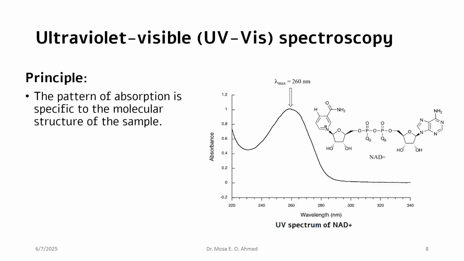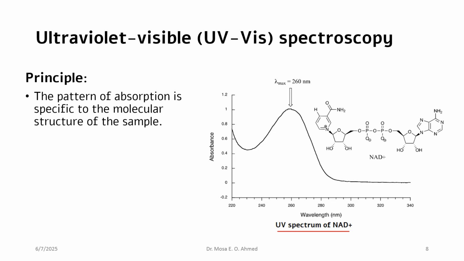The absorption pattern of UV visible light is unique for each molecule and for each sample. The resultant response of absorption for UV visible light can result in a UV spectrum or UV plot or UV graph. For example, in the UV spectrum of an NAD plus compound, we have two axes.